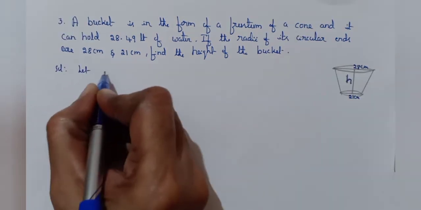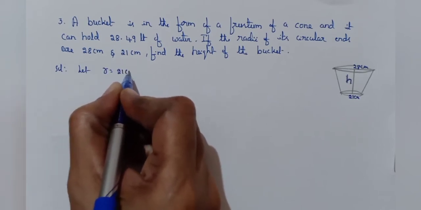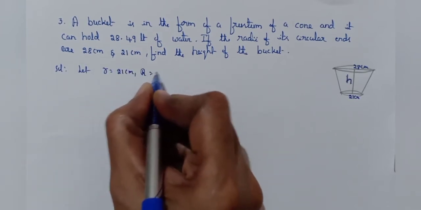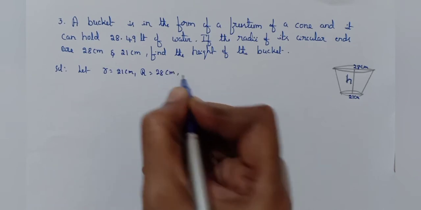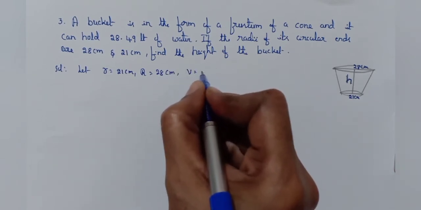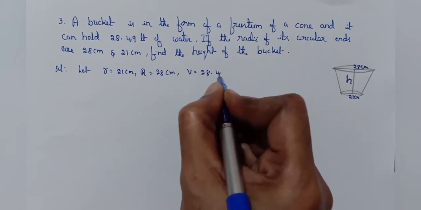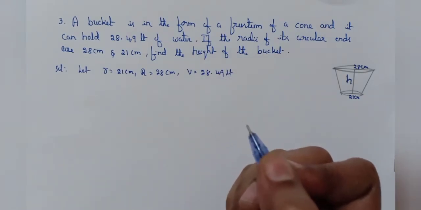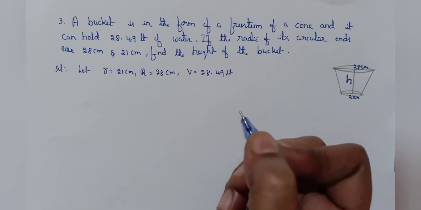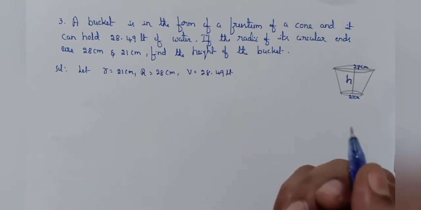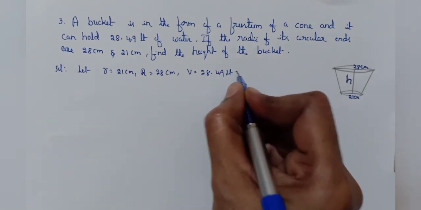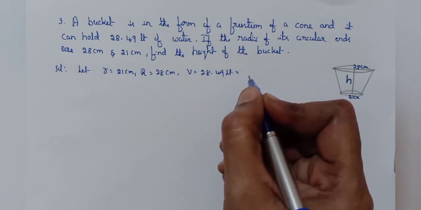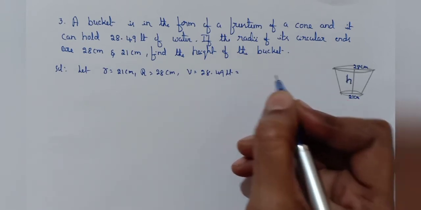Let small r equals 21 cm, capital R is equal to 28 centimeter, and the volume is equal to 28.49 liter. So here the radii are in centimeter, the volume is in liter. So convert the volume into centimeter cube. So you know 1 liter is equal to 1000 centimeter cube.